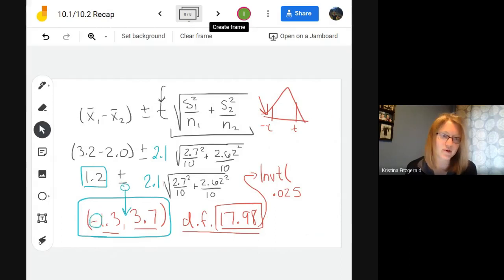So I can't be 100% certain. I mean, we can never be 100% certain about anything, but I can't really say that I'm convinced that for sure there's a difference between the two groups, because 0 is a plausible value. That's always a popular little follow-up question, as to whether there's really a difference between caffeine drinkers and non-drinkers.